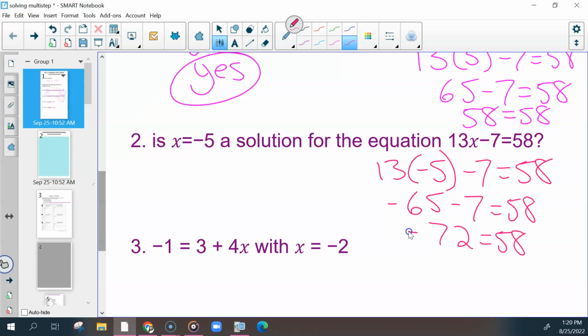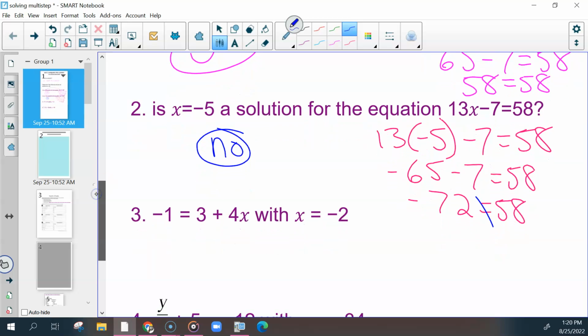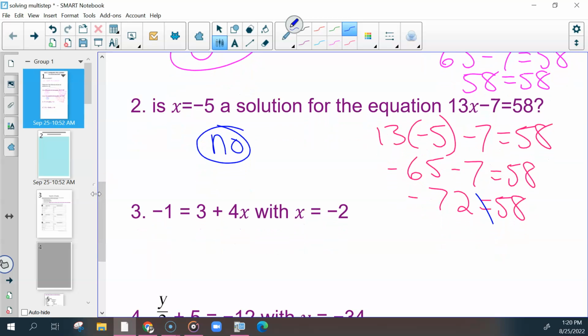No. Negative 72 does not equal 58. So this is not a solution, which we kind of knew already because 5 worked, -5 shouldn't work. Do we have any questions on how we determine if something is a solution or not?